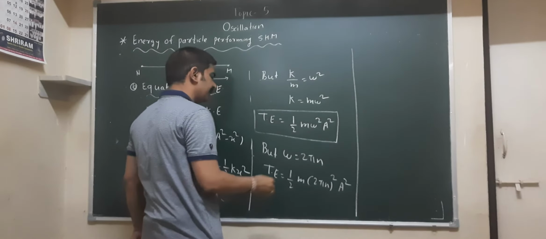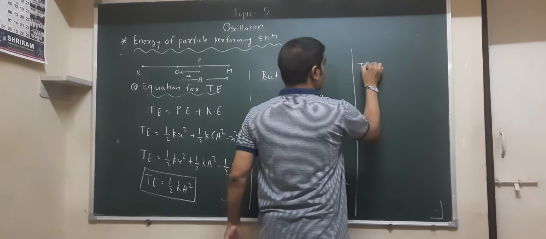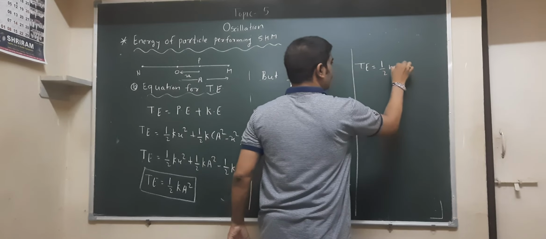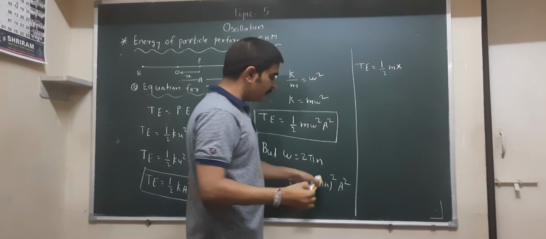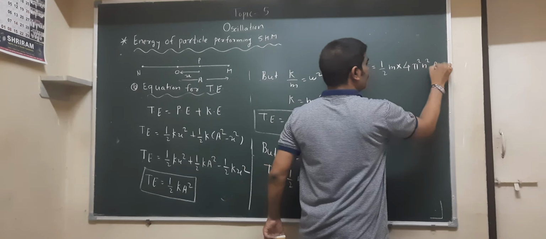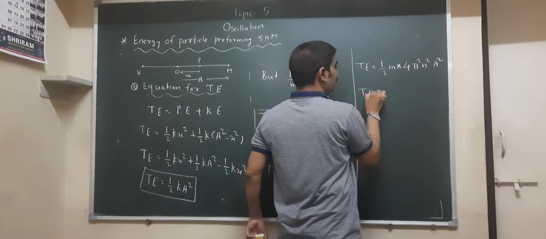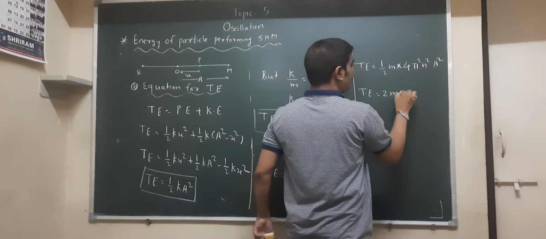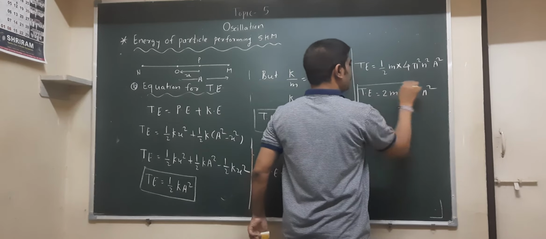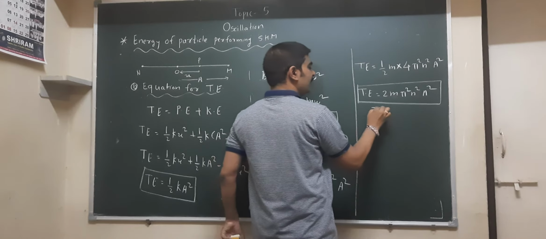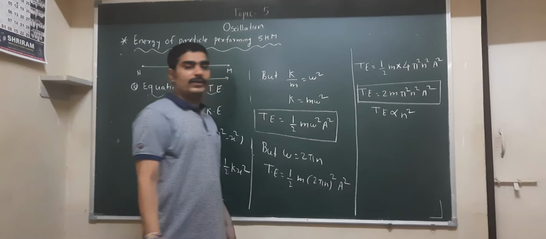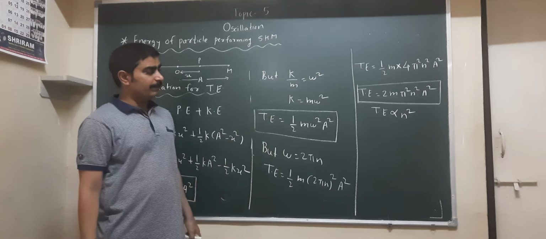So further we can write total energy is equal to half m into 4 pi square n square a square. So the total energy is equal to 2 m pi square n square a square. So based on this equation we can say that the total energy is directly proportional to the square of frequency, where n is the frequency, right?